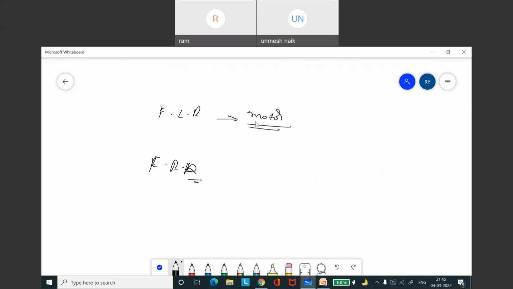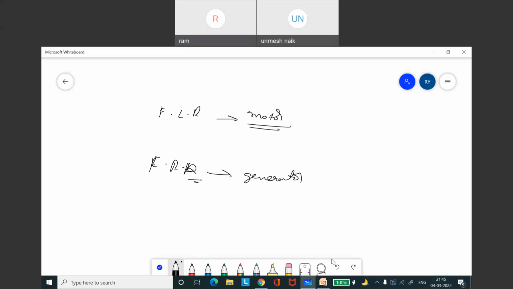Whenever a current carrying conductor is placed in a magnetic field, the direction of motion of that conductor is given by Fleming's left hand rule. Fleming's right hand rule is used for generators. Whenever the conductor is moving in a magnetic field, it gives us the direction of the current, either dot or cross.